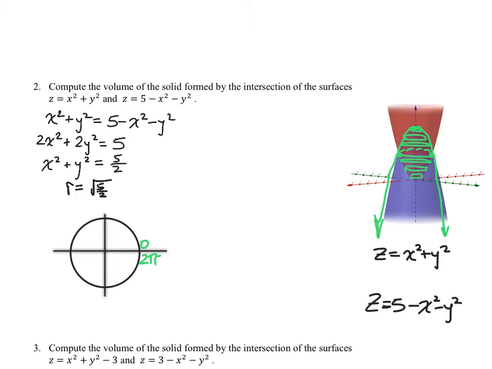One of my buzz phrases, I guess you might say: 5 minus (x squared plus y squared) in parentheses is the same as 5 minus r squared. So that's creating a relationship between z and r.